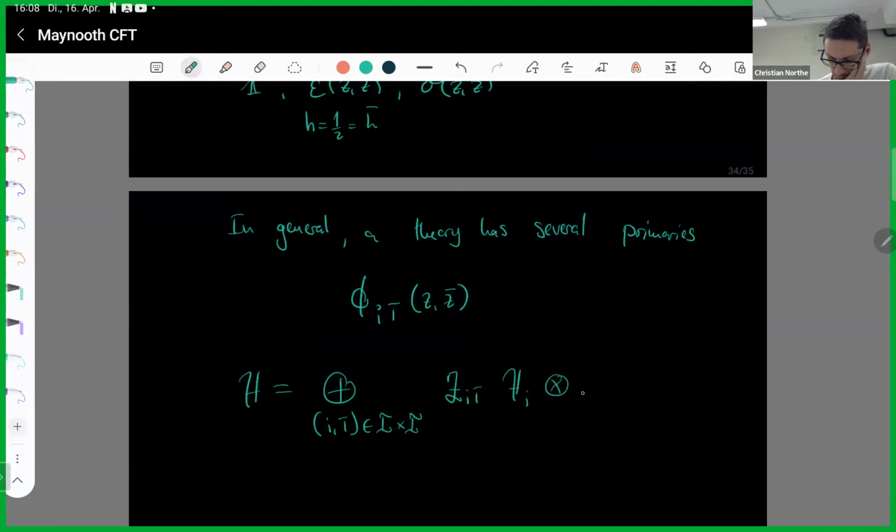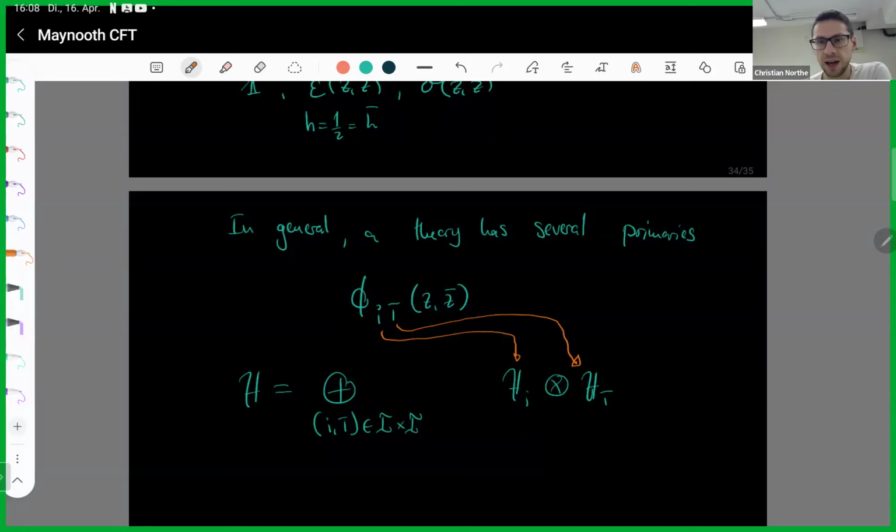So what is this equation? Forget about the z for a moment. Actually, let's just erase the z for a moment. Each of these fields, this is the I, this corresponds to here, and this is the I bar, this corresponds to its own representation.